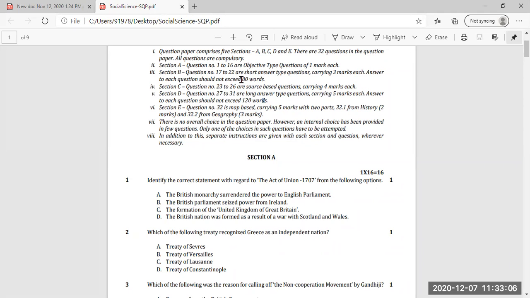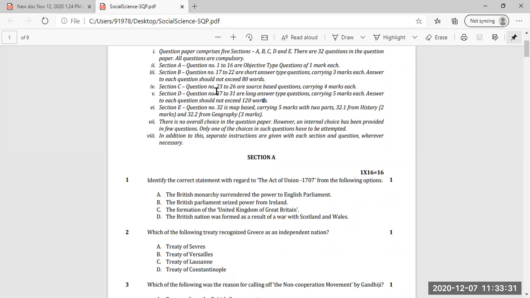These 1 to 16 questions will be objective type, that means MCQs, fill in the blanks, true and false, any type of objective form, and each will be of 1 mark. Then section B, question number 17 to 22, are short answer type questions, carrying 3 marks each.